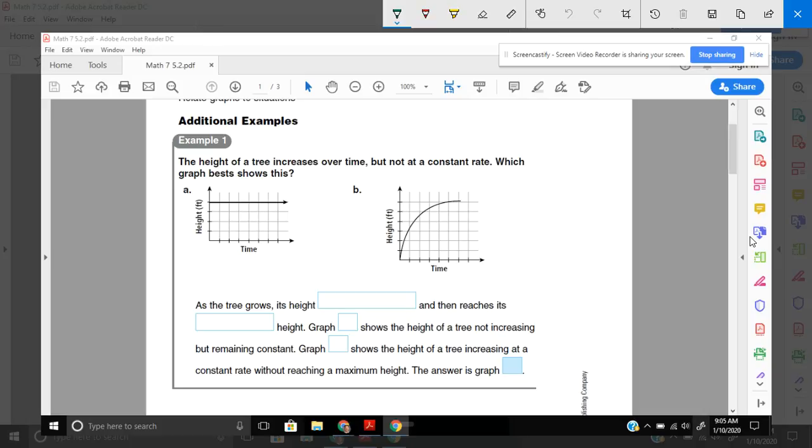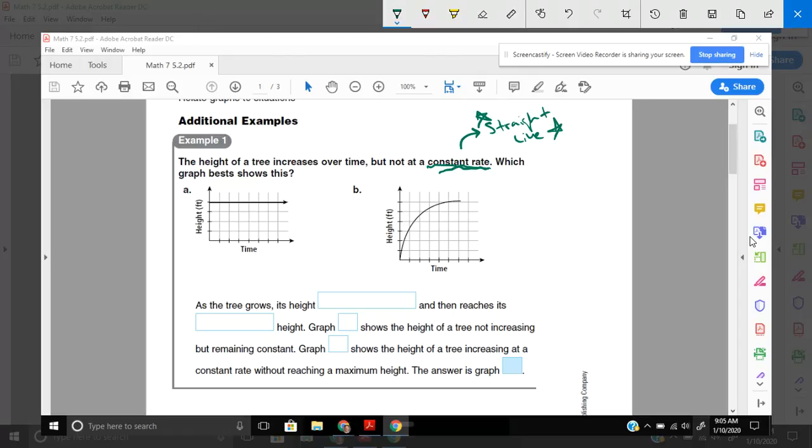All right, I'm going to give you a big time hint here. Whenever you see constant rate in a graph, a constant rate is always going to be a straight line. That's a really big idea, because as time goes on, height would increase at a constant rate.